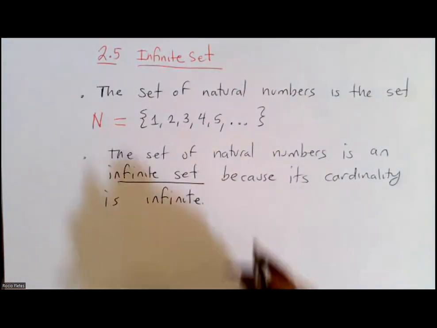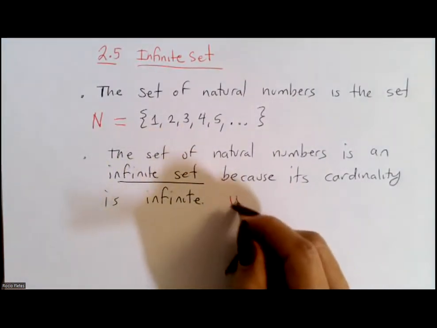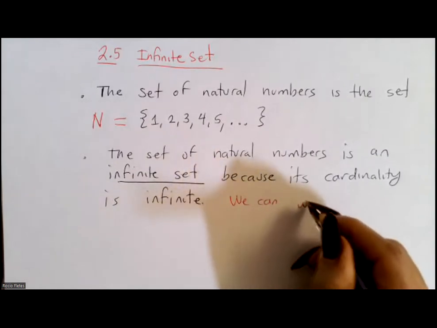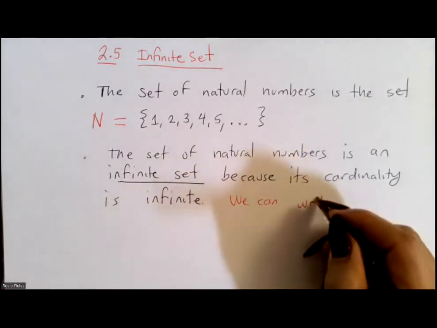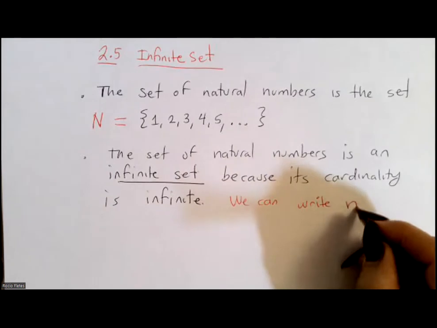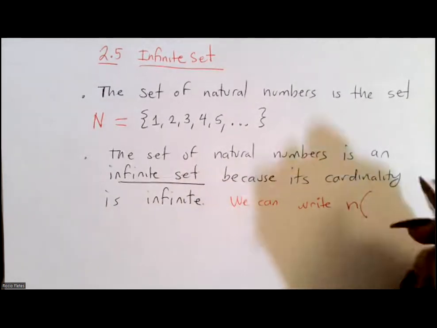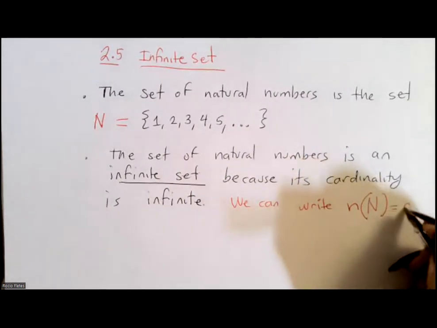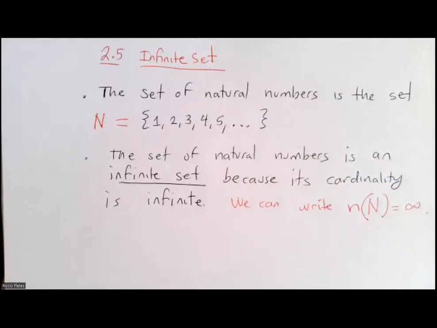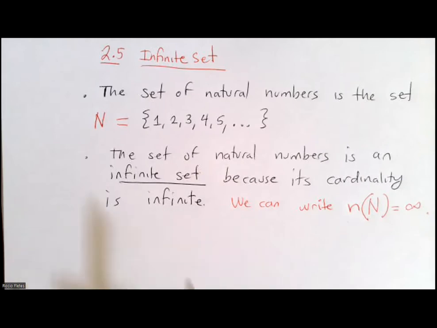And so we can write that the cardinality, remember we use the letter n to represent cardinality, we can say cardinality of N equals infinity, right? So that means that the cardinality of the set of natural numbers is infinity. So here we're going to use little n to represent one of the elements there.